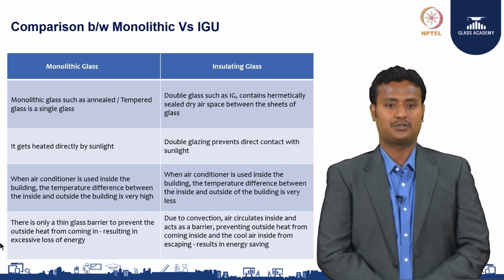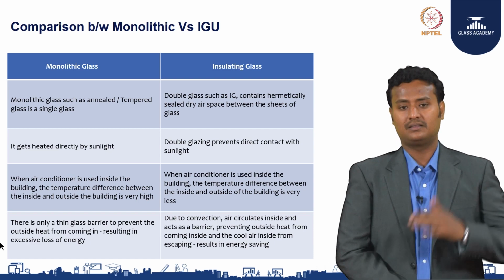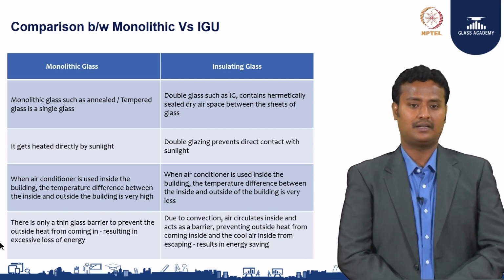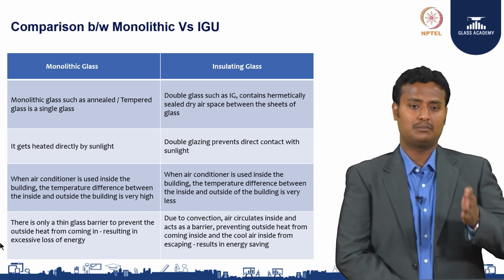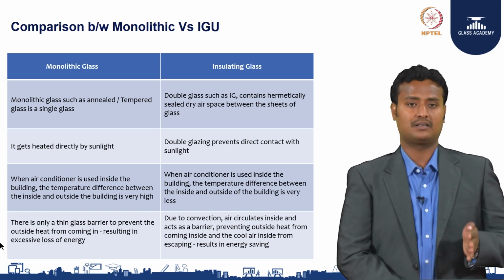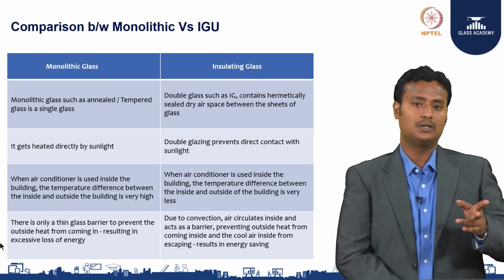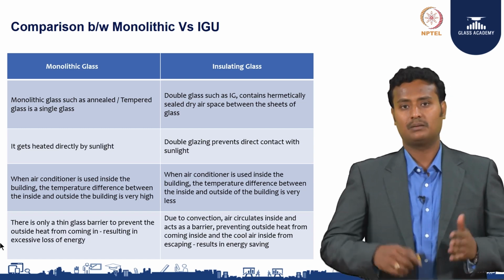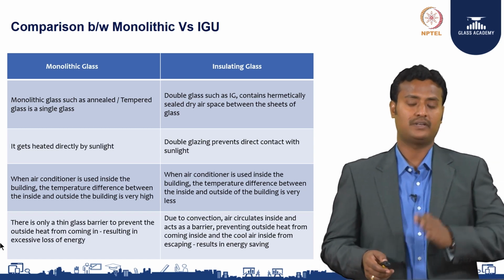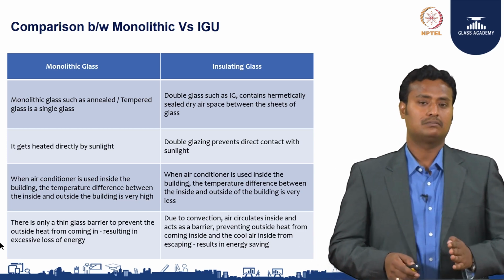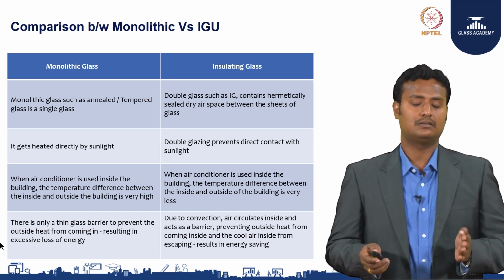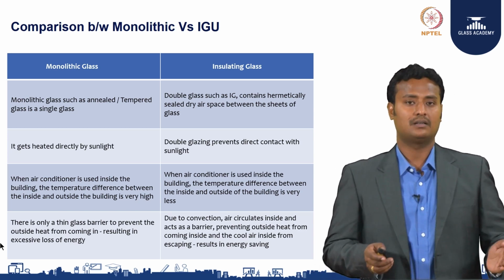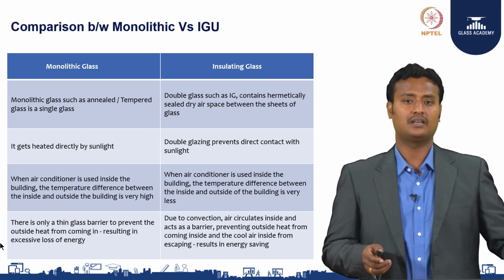energy consumption. And there is only a thin glass barrier, as I said earlier. This is the single glass, the monolithic glass. It has only 2 surfaces, either face 1 and face 2. Whereas a double glazed unit will have face 1, face 2, face 3, face 4. That helps us to prevent solar energy, which is heat energy, from getting inside the building.